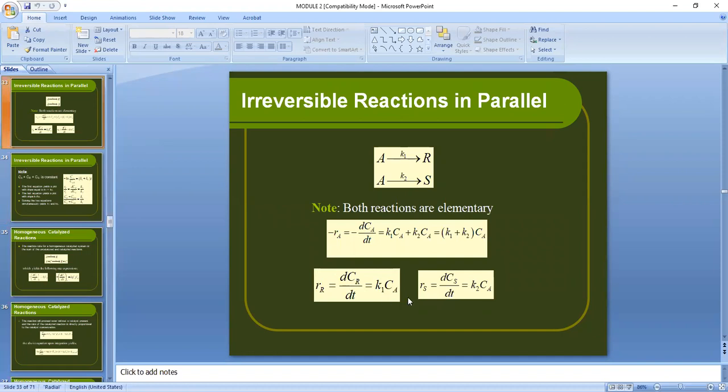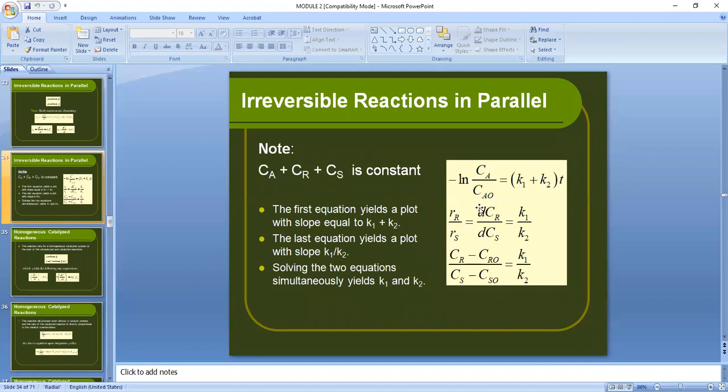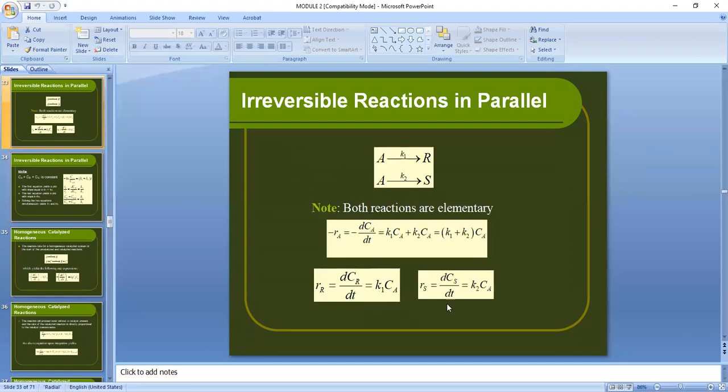So R_R over R_S, you will have dC_R dt over dC_S dt. The dt's cancel each other. That's the reason why you have this one. And this K1 and K2 actually is this. K1 divided by K2. The C sub A also cancels out.